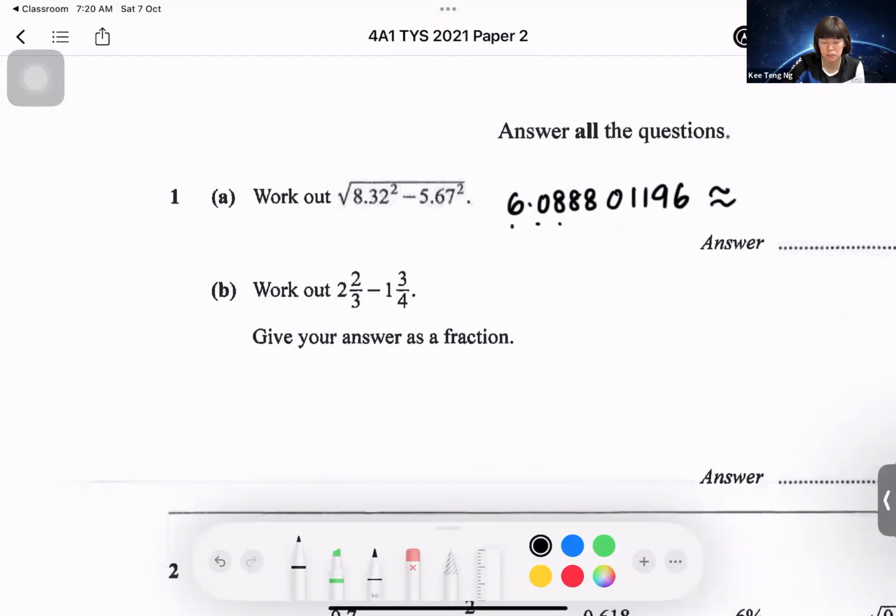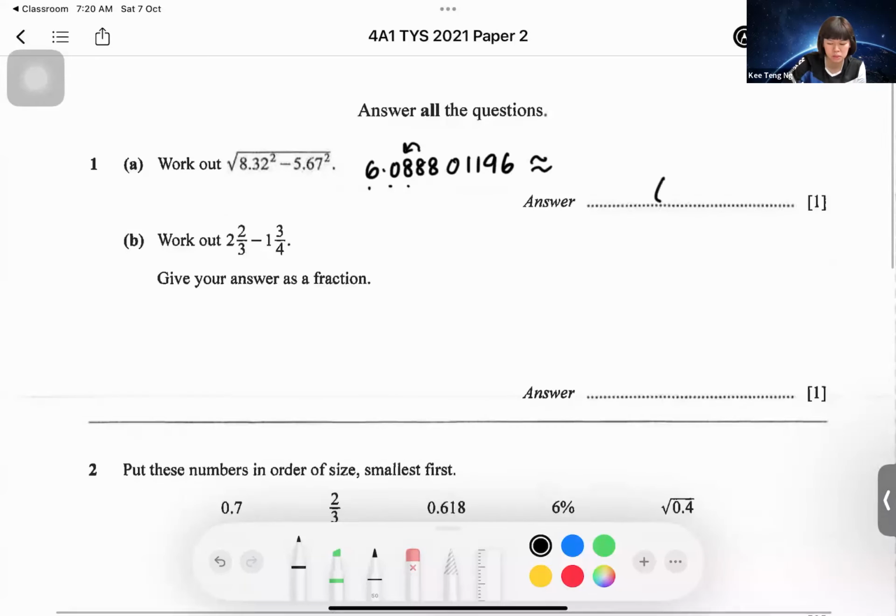So this will be the third significant figure. Then this one we need to round up, so that will become 6.09 (3 SF). To be more careful, write down the actual answer, the longer version first, then round it off and remember to state that you have rounded off to 3 significant figures.